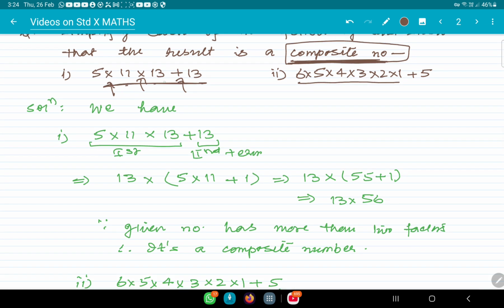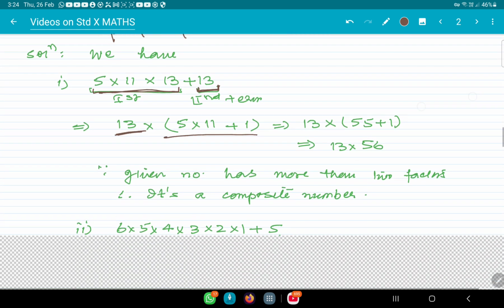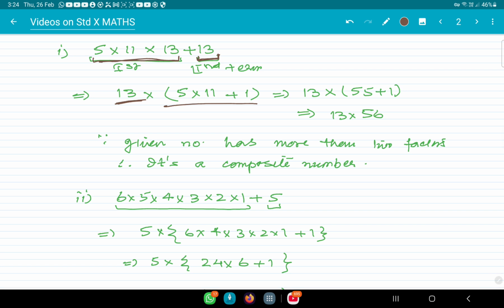Now the first one: 5 into 11 into 13 will become the first term, and the other 13 will become the second term. In both terms 13 is common, so 13 will come out, and we will have 5 into 11 plus 1, which comes out to be 13 into 56.